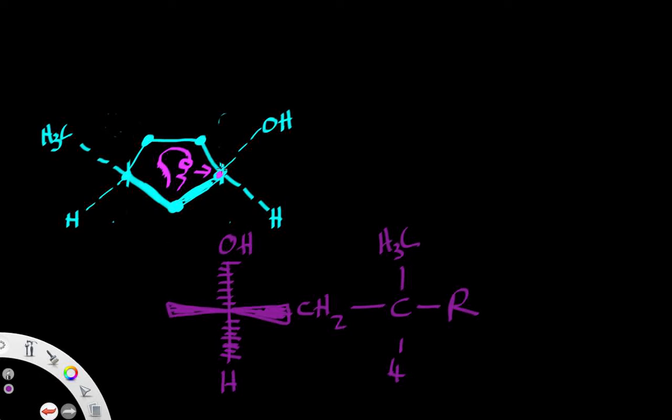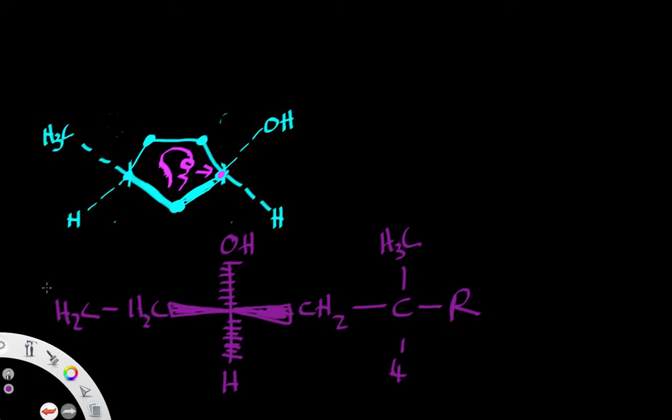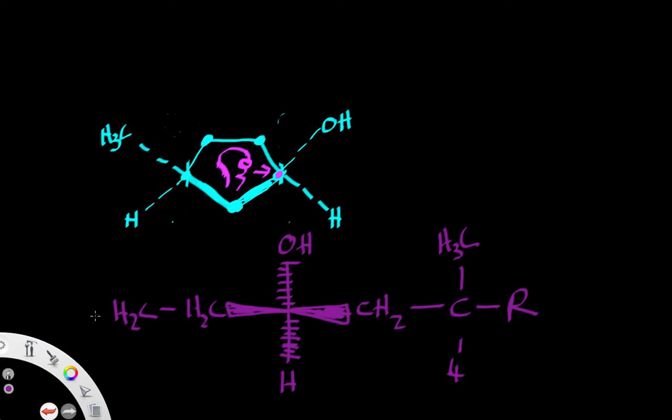Now, if we start looking at it going left, we can see that we have CH2, and then another CH2, and then we move to another carbon where we have a methyl group, hydrogen, and R for the rest of the molecule.